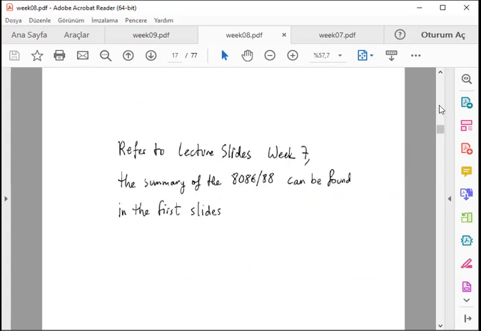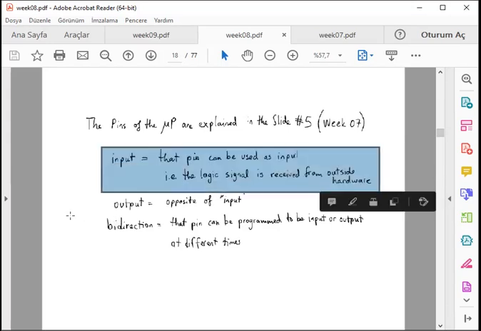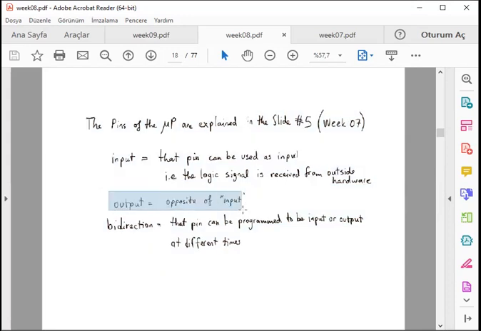So you can refer to previous lecture notes and catalog information and pin diagrams in the catalog or your textbook and stuff like that. So any pin can be either input or output, or can be bidirectional.